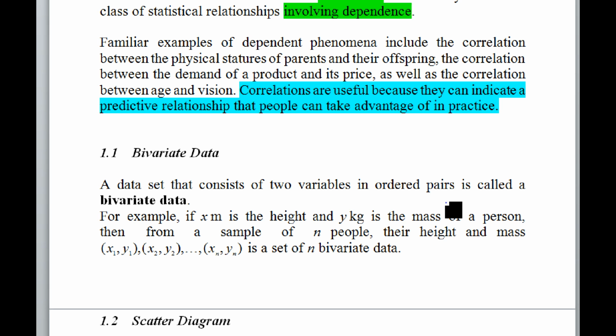Now in correlation, we are talking about two sets of data. Correct? The relationship between two sets of data. So we need to have bivariate data where you have one pair and another pair: x1, y1 and x2, y2. That is called a set of bivariate data. We will be interested in looking at one pair rather than just height or weight individually. You know what I'm saying? All right?